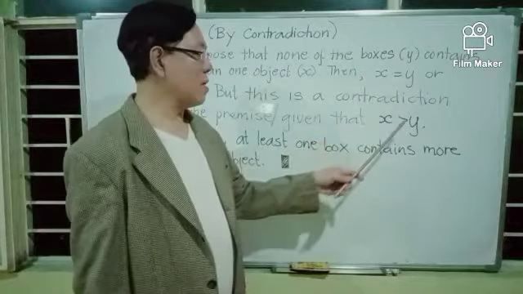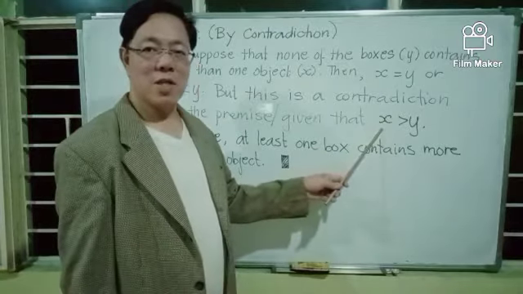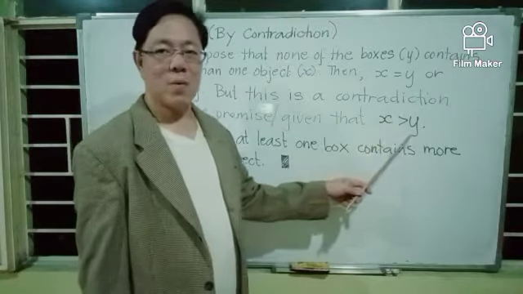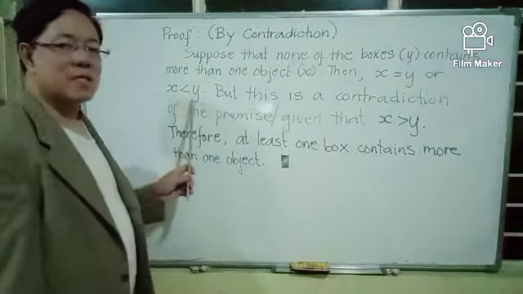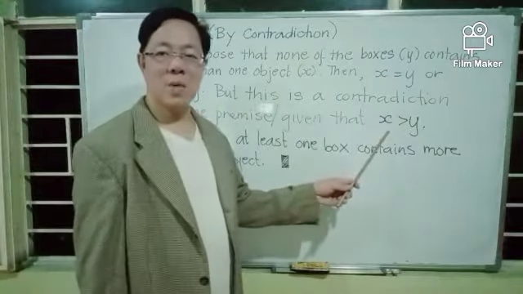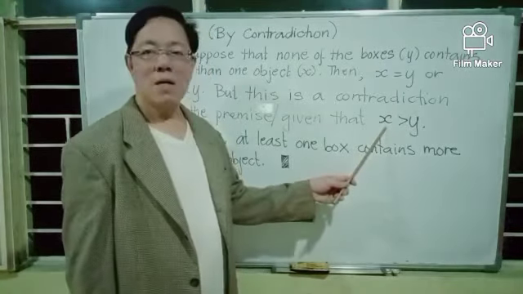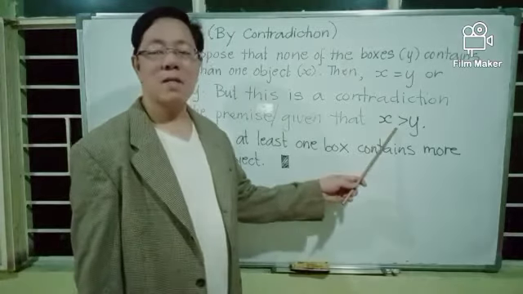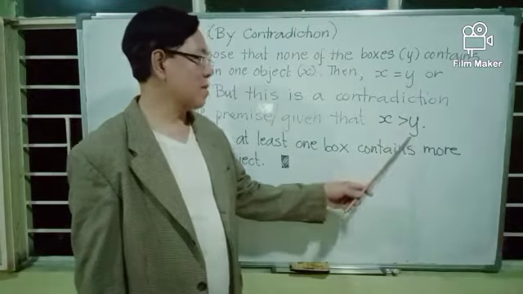X equals y is definitely a contradiction of x greater than y, and also x less than y is a contradiction of the given that the number of objects x is more than the number of boxes y.